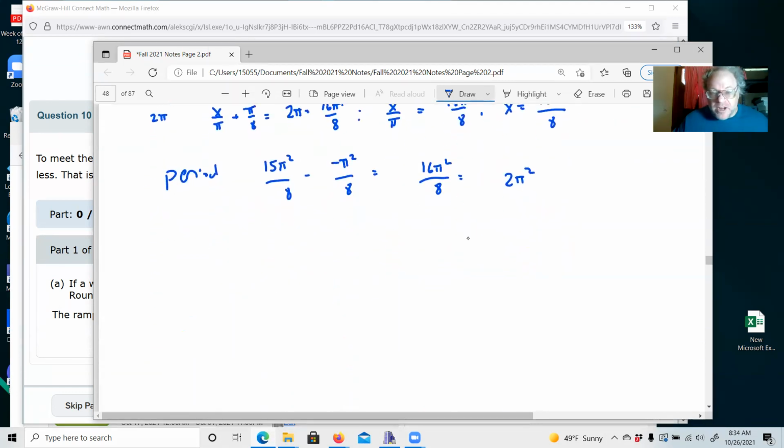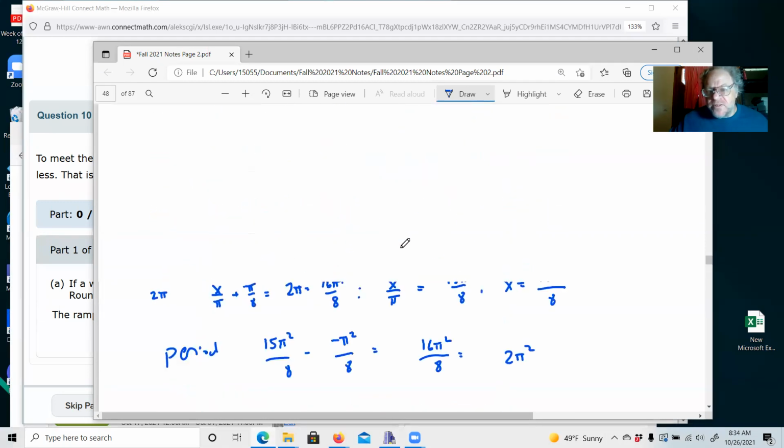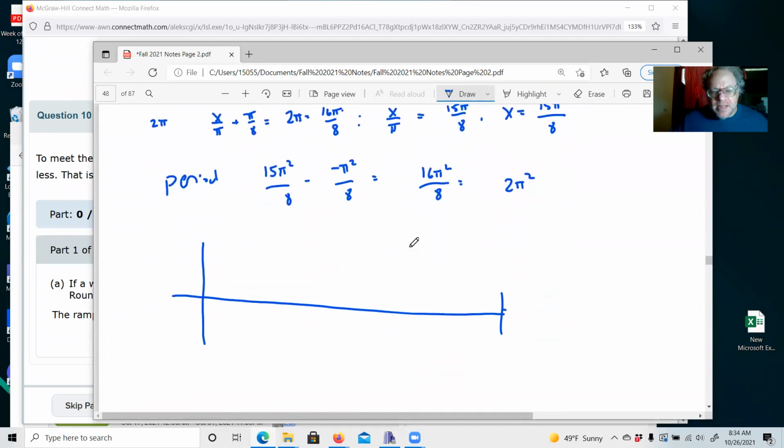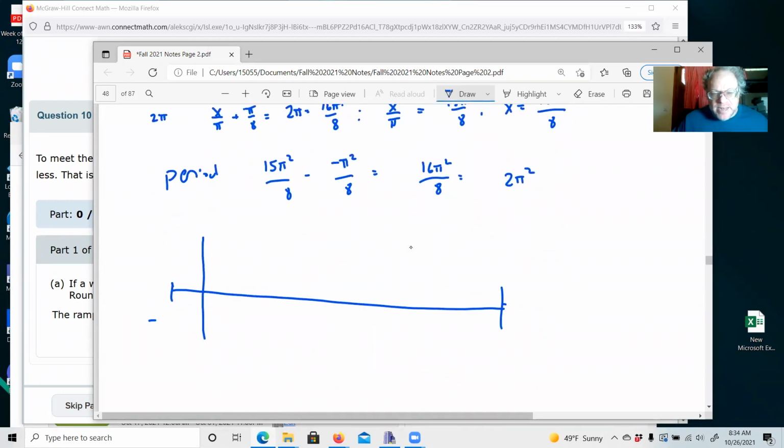Okay, so when I'm going to graph this thing, I'm not going to try to do the accuracy here. Okay, we're just going to say that we've got to go from here, negative pi squared over 8. Here is 15 pi squared over 8.